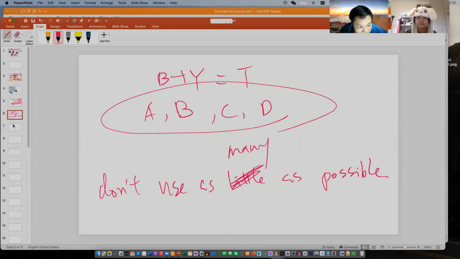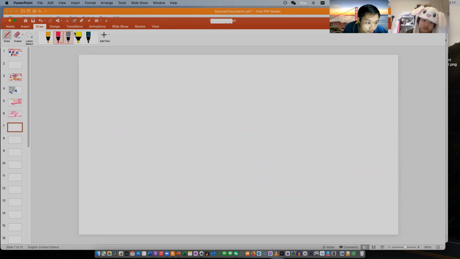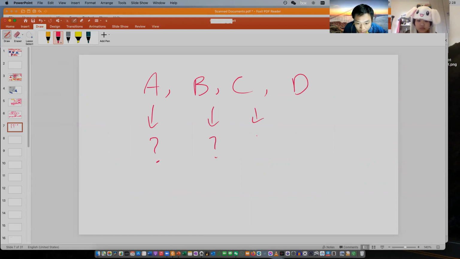Let me give you just a very simple example. If you have A, B, C, D, that means ultimately you need to find what is A, what is B, what is C, and what is D. If you introduce 4 letters, you need to figure out 4 answers ultimately.